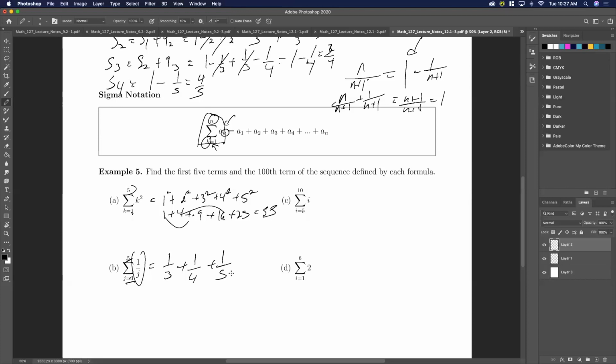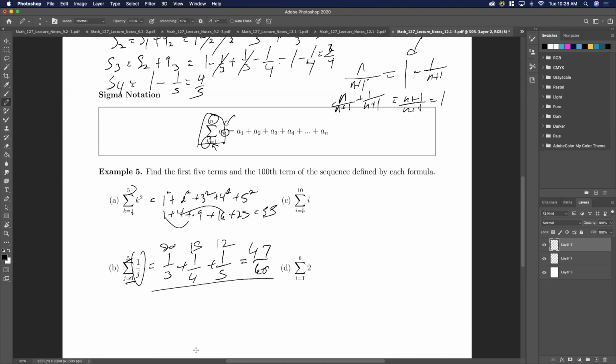None of these have anything in common, so just multiply them all together, which gives 60. So this will be 20/60ths, 15/60ths, and 12/60ths. So I have 47/60ths.